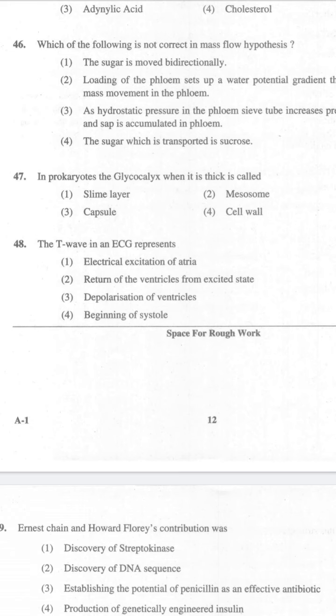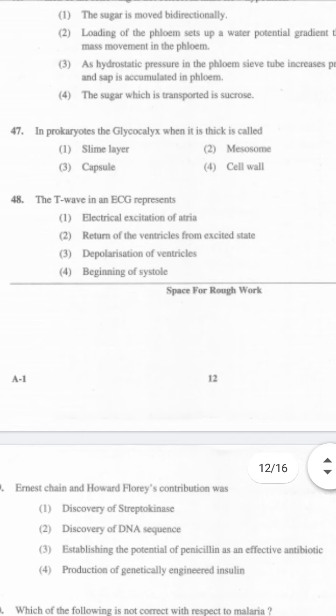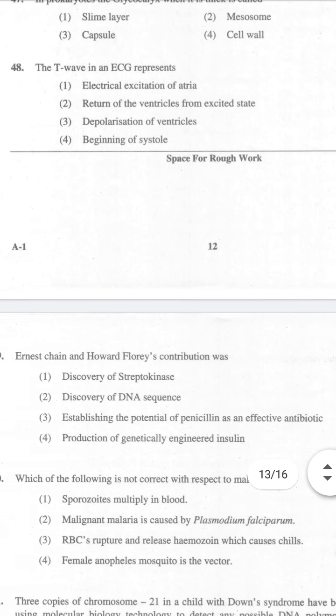Glycocalyx is a polysaccharide or glycoprotein layer which mainly forms a layer on the bacterial cell wall. The gelatinous glycocalyx is known as a capsule. It forms part of the structural framework of a prokaryotic cell like bacteria. Understand? Now let's discuss question number 48.